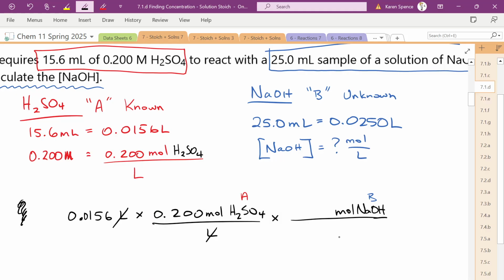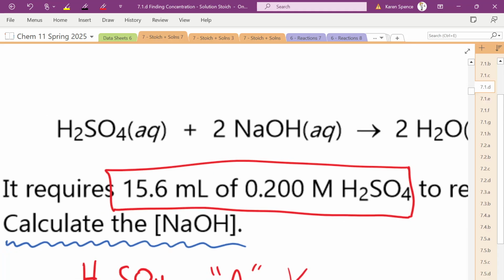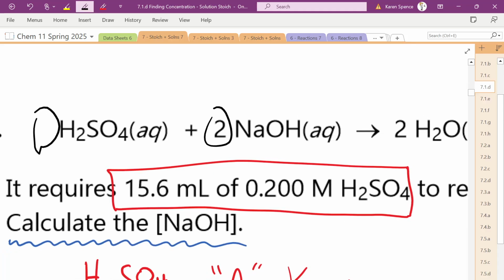And we need to cancel moles H2SO4. Where do those numbers come from? Moles of this and moles of that come from our coefficients, okay?